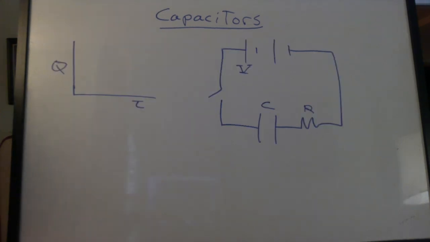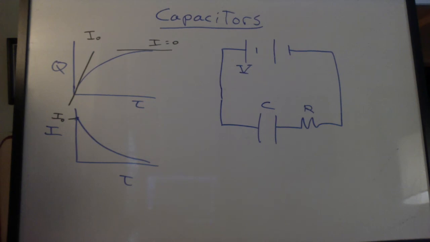Well, to summarize, if we close the switch, the capacitor is empty, the charge rises quickly, and then levels off. If we take a look at the current versus time graph, the current starts out high and drops off, which agrees with the slope of the charge graph.